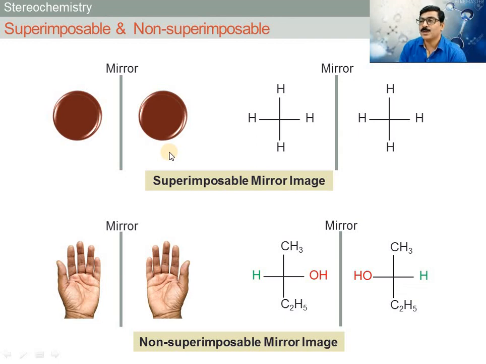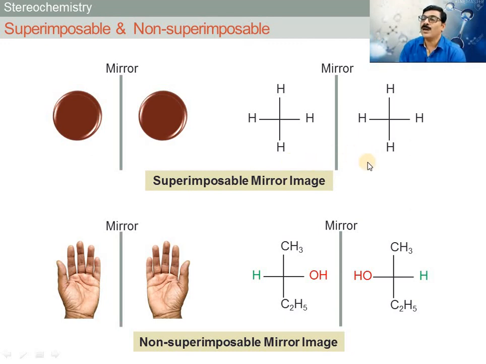Then apply this concept on molecules. Just for example, I am taking the CH4 molecule, that is the methane molecule. Carbon at the center and four hydrogens are attached to it. Now find out its mirror image, and it is observed that the methane molecule forms a superimposable mirror image, because if you overlap these two, then an identical image will be obtained.